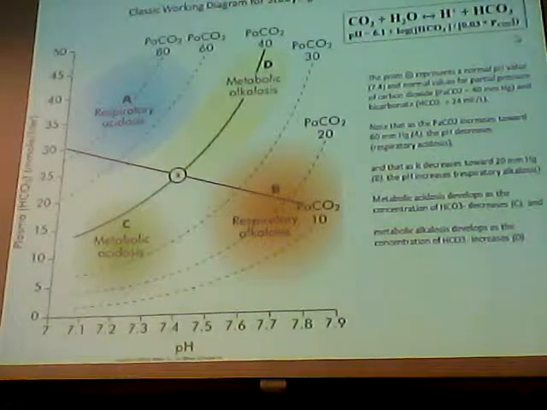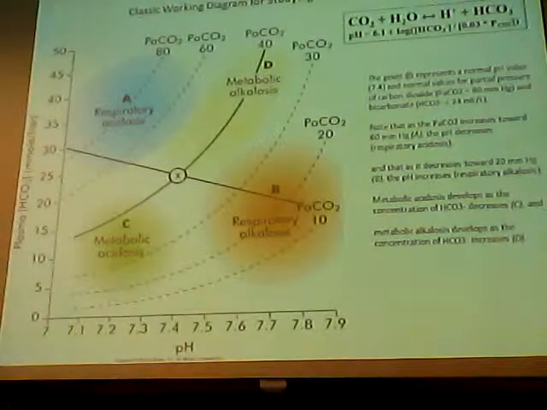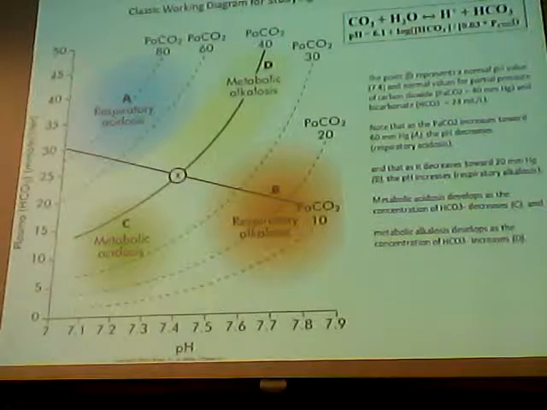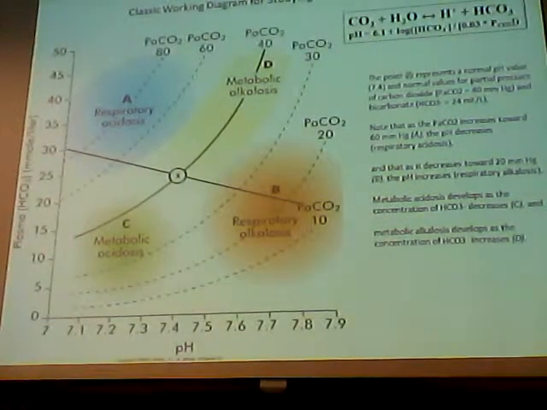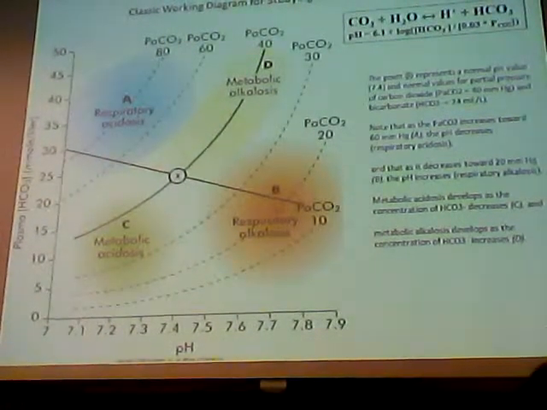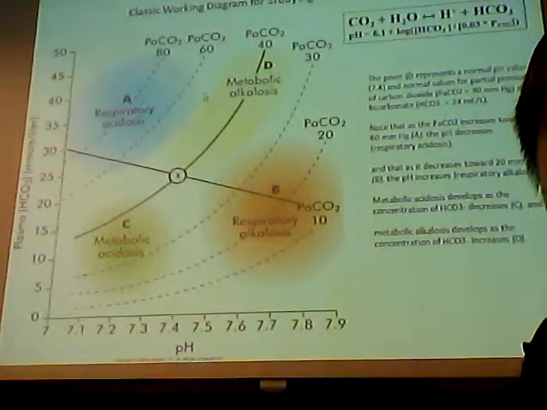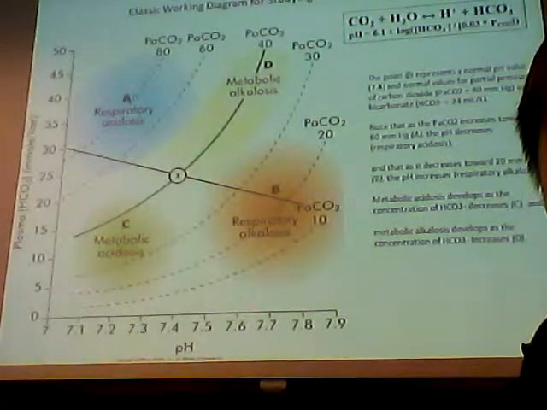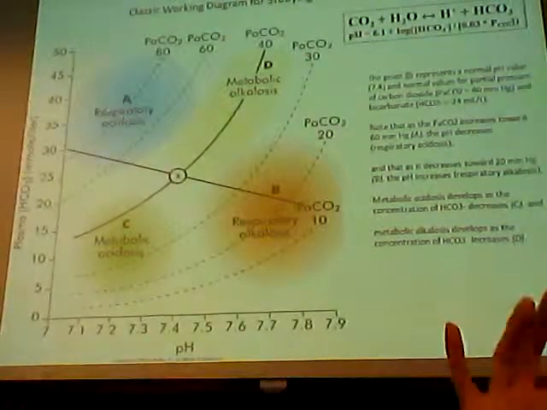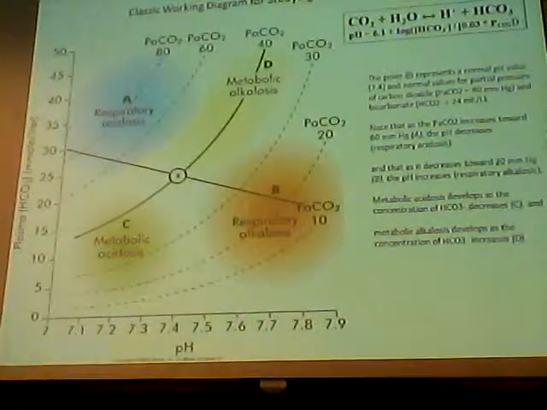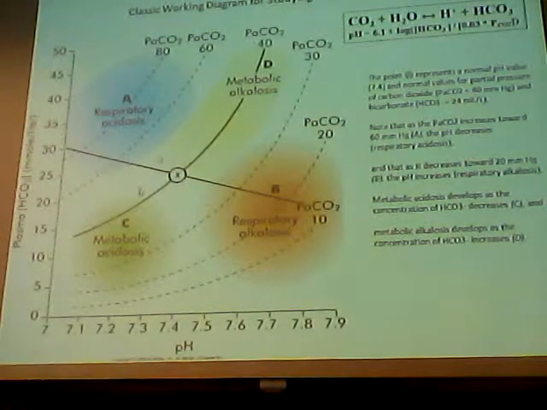And what's that equation for? This is to calculate the pH if you know the bicarbonate and the pressure of the carbon dioxide. With this, what you want to do is know the difference between respiratory and metabolic.